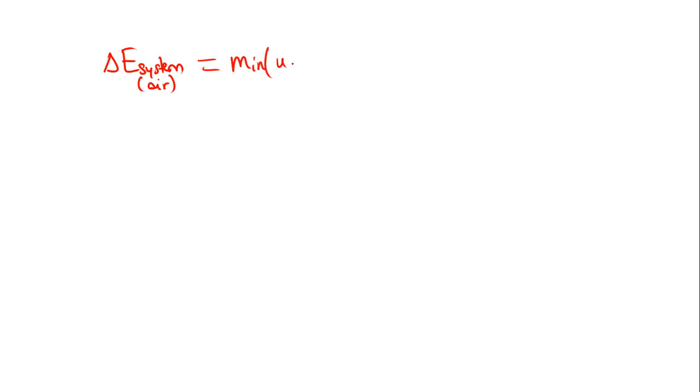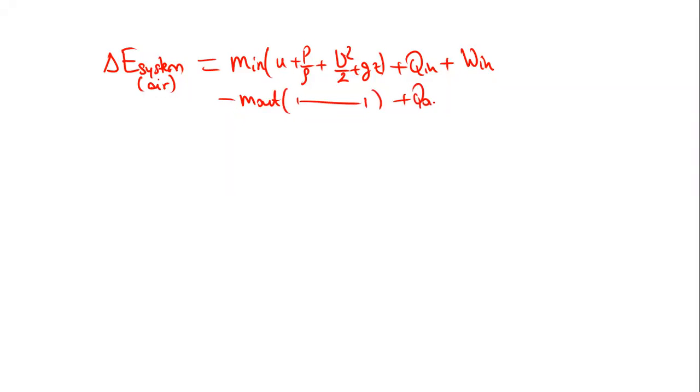It can bring the internal energy, it can bring the pressure energy, it can bring the kinetic energy, it can bring the potential energy, plus the Q in term, plus the work in term. This one will be the in terms. For the out ones, you will have the same terms here, and the Q out, and the work out.